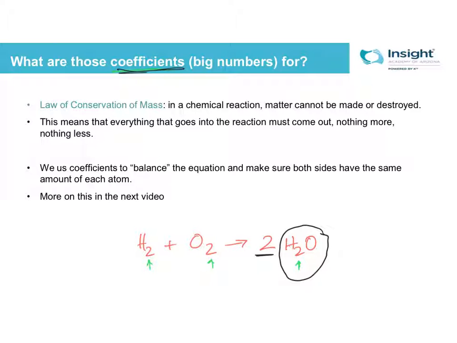Nothing can just magically appear. So we use these big numbers to do what we call balancing a reaction and make sure that on both sides, all the hydrogens that we put in come out, and all the oxygens that we put in come out. That's really going to be our focus for lesson 5.02: how to do this idea of balancing.